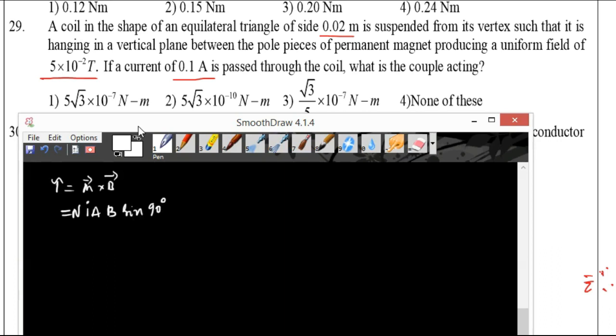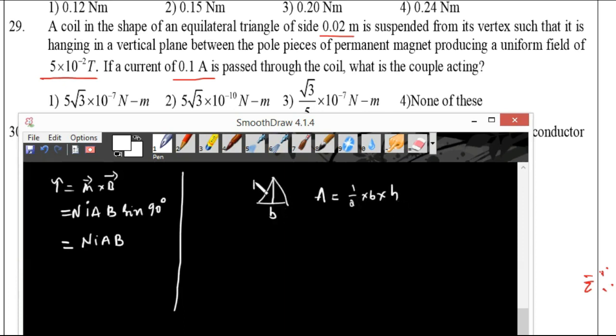So we get NIAB. Now let's calculate the area over here. Area is equal to, now it is in the shape of an equilateral triangle. Area is half into base into height. So this is base, this is height.